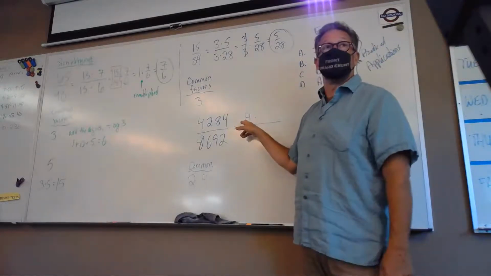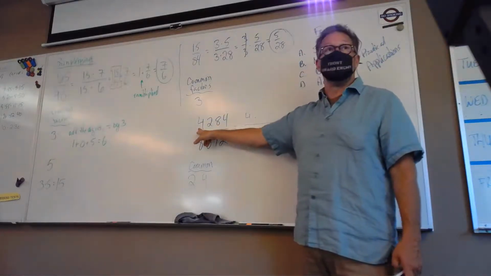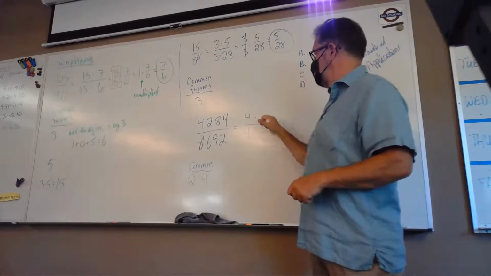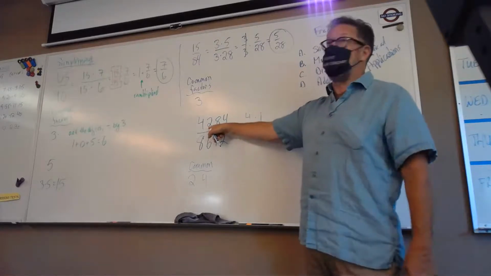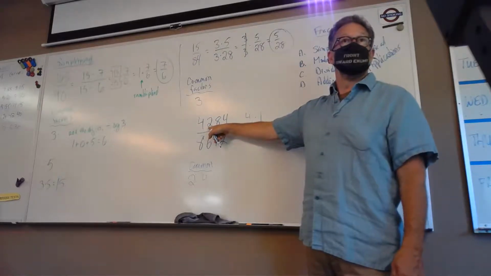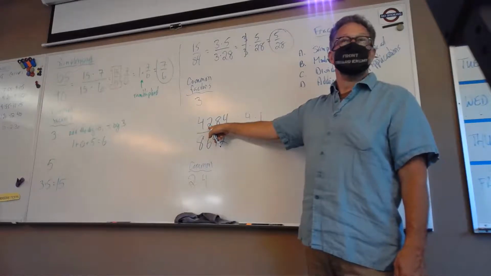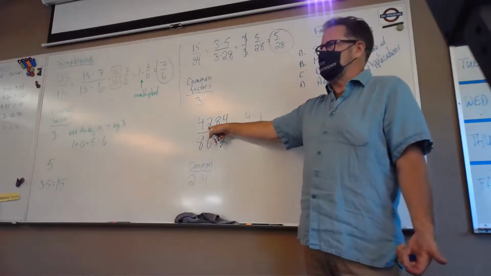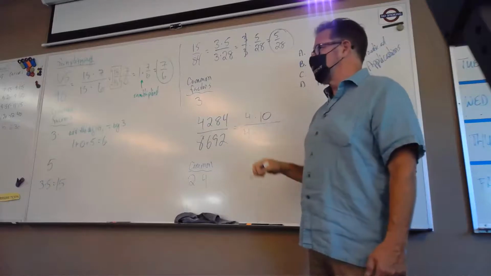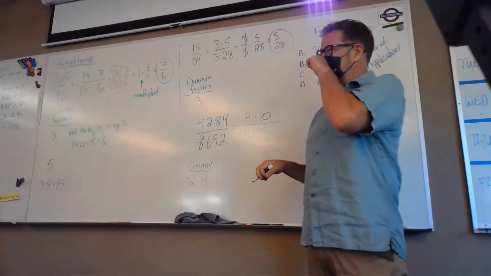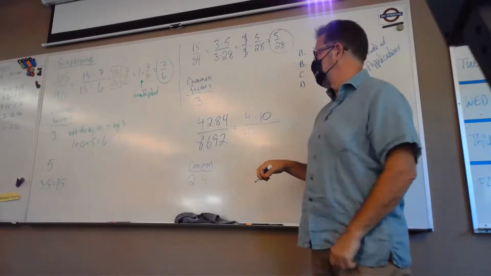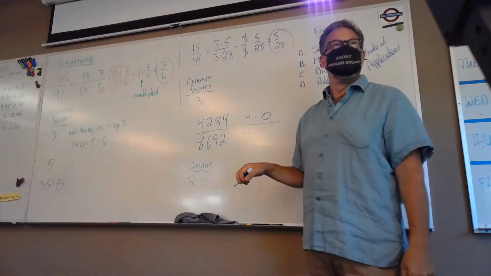Ready? Here's how we do our short division. 4 goes into 4 how many times? Remainder? 4 goes into 2 how many times? 0. Doesn't go in at all. 0.5 isn't a goes into. Remainder?